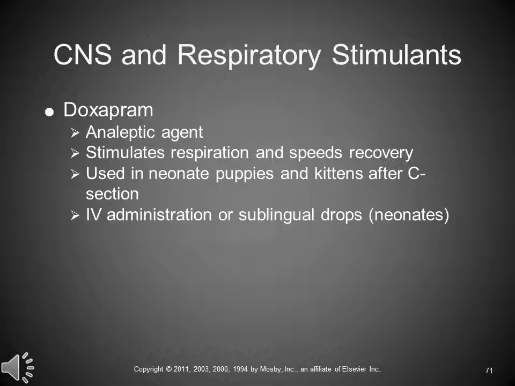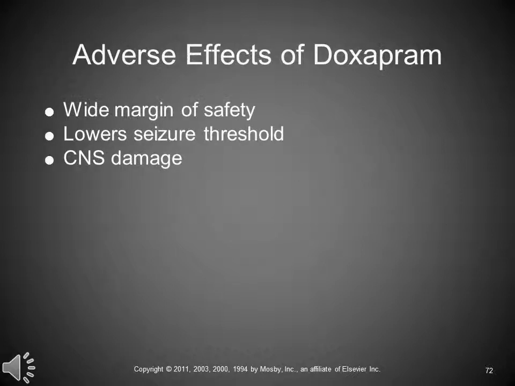In adult patients, if you need to stimulate respiration, it is used IV. You can give it through the catheter, you can give it through the sublingual veins. If you can find a vein, you get it in. It will greatly stimulate recovery, greatly stimulate respiration. Doxapram has a real place in our profession, besides in the emergency box. It does have a wide margin of safety.